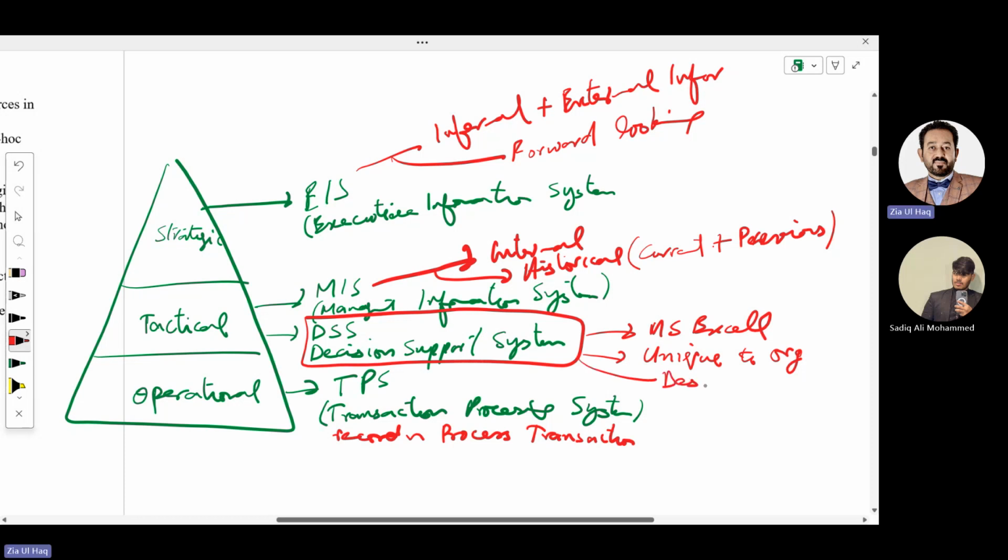What is meant by bespoke? Specially designed for a particular organization, also called tailor made. Meaning made for a particular organization's internal processes only.